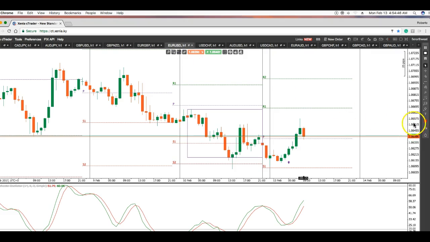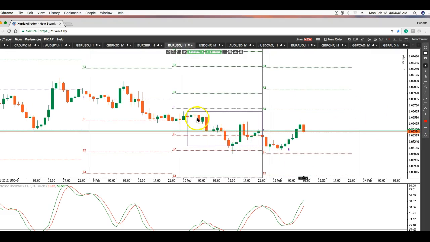Euro USD, same thing. We have markets sold off on Friday. Count the number of pips from the swing high to the swing low, and we have about 61 pips. I noticed that we had sort of like a morning star on Friday, so that would be my support level, and wait for the market to find it.